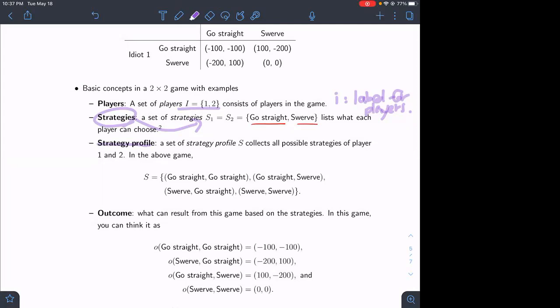The set of all possible strategy profiles S looks like this in this example: go straight, go straight; go straight, swerve; swerve, go straight; swerve, swerve. The first element stands for the strategy of the first player. The second element stands for the strategy of the second player. Any questions? Okay.